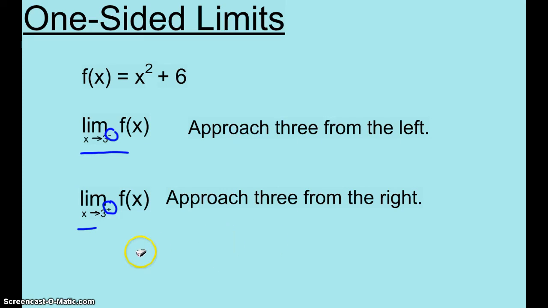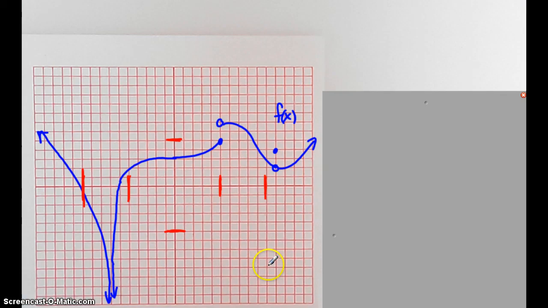Okay, let's go ahead and look at the graph of a function, and we'll talk about limits. Okay, we have a beautiful f of x here. First of all, I'd like to see if you can figure out by looking at the graph of f of x what the limit of f of x is as x approaches 5 from the left.